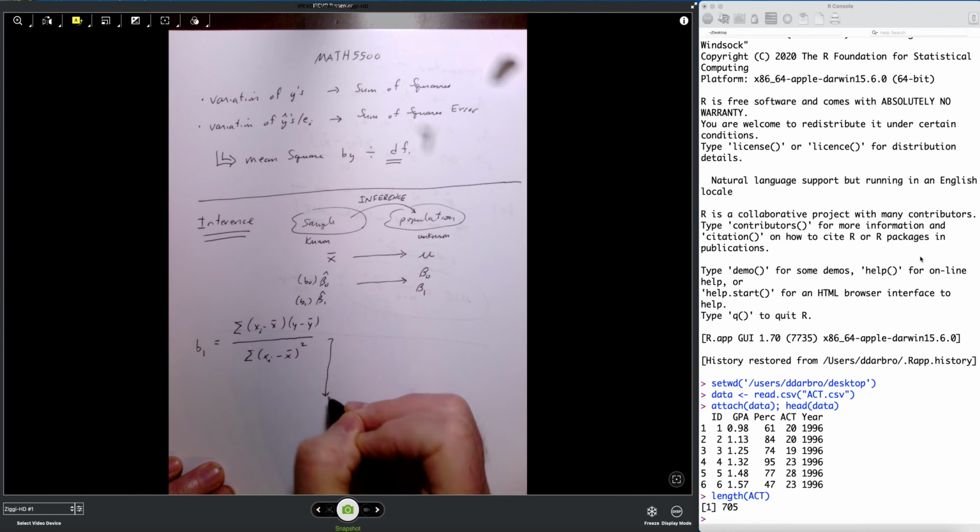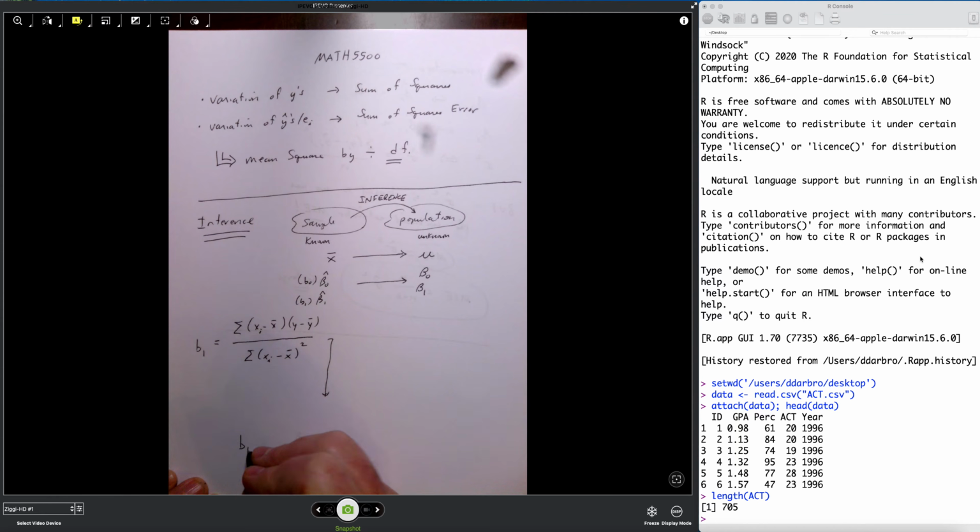We now know that b1 forms a normal distribution with mean beta 1 and variance sigma squared over the sum from x sub i minus x bar quantity squared.